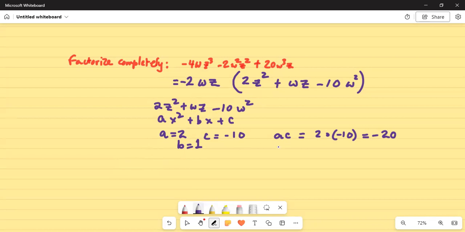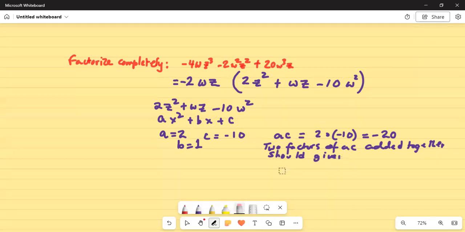So two factors of AC, added together, should give B, which is equal to 1.